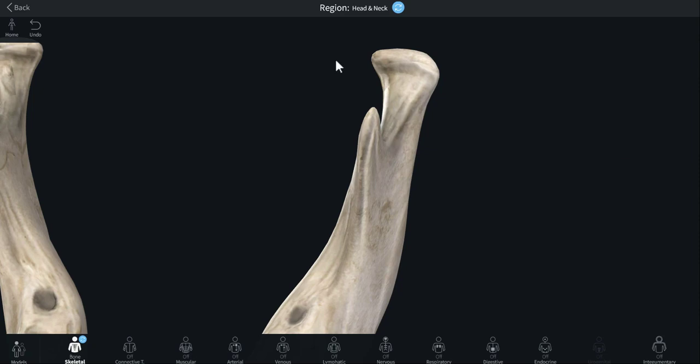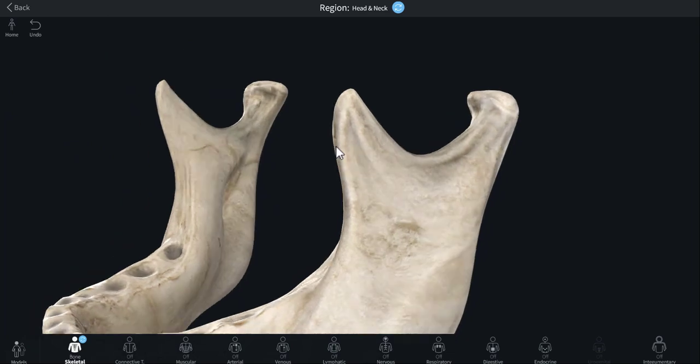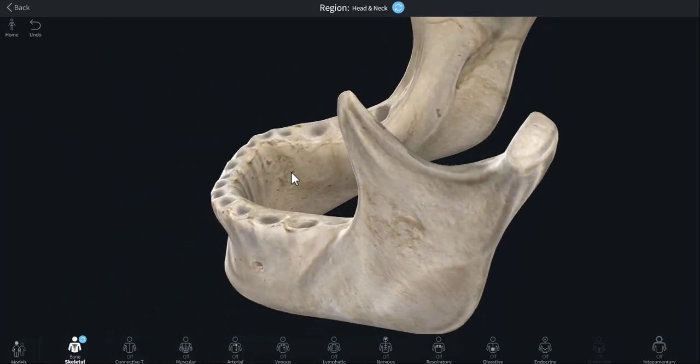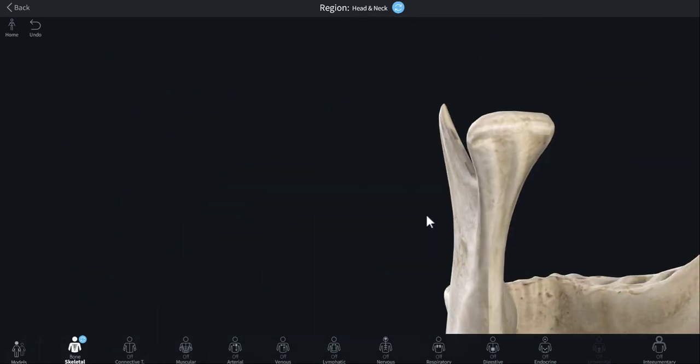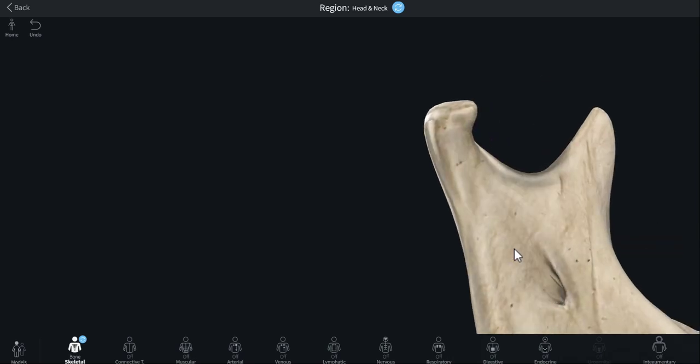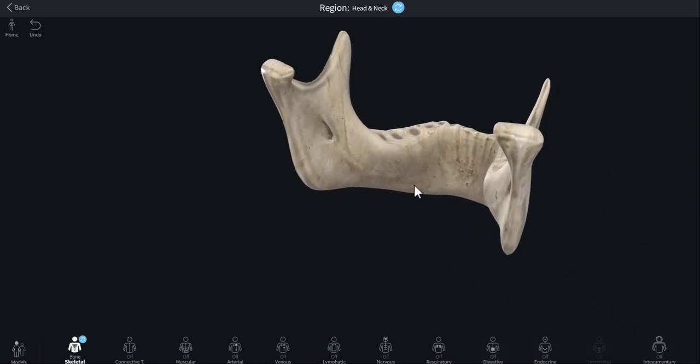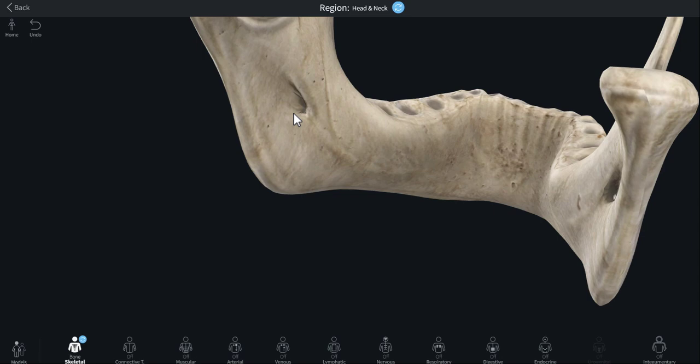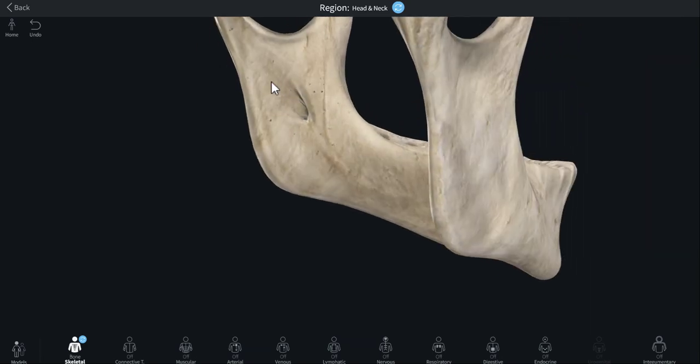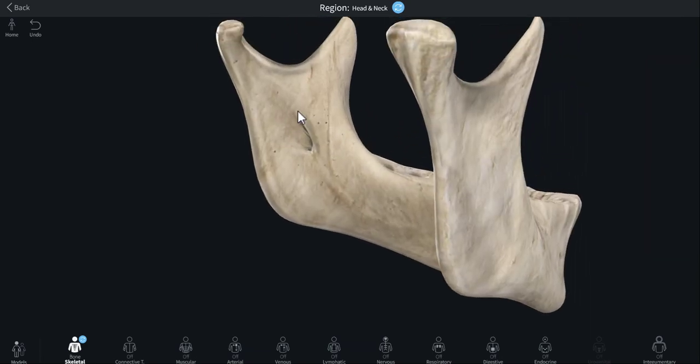We already talked about the medial pterygoid muscle, which was related to somewhere over here, inferior to the mandibular foramen.